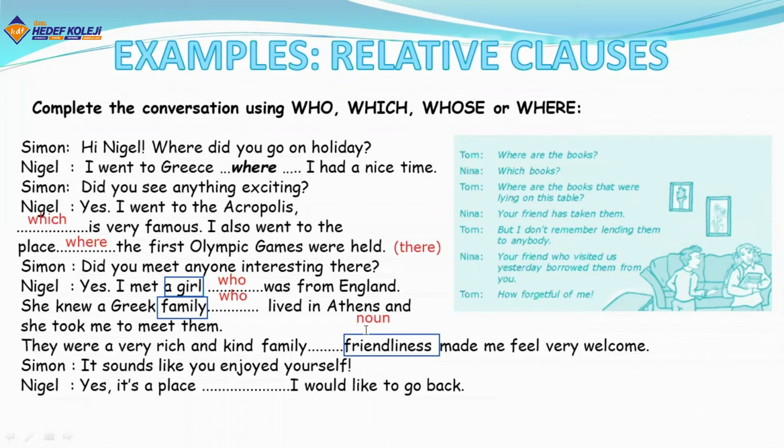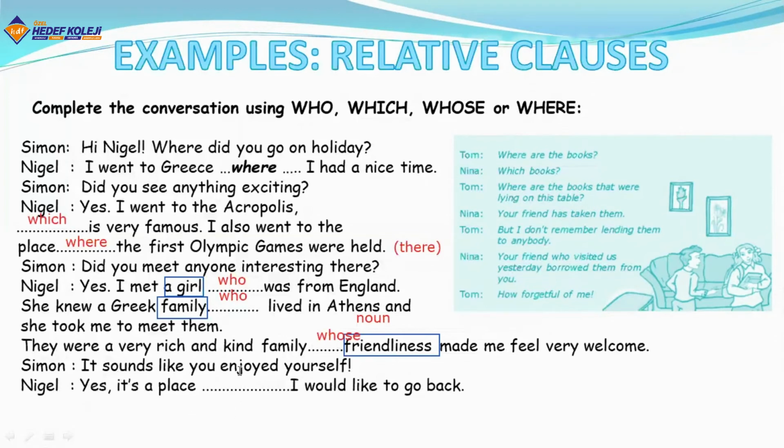When we use whose, before whose and after whose, there have to be two nouns. İki tane isim olmak zorunda. Kind family and whose friendliness.